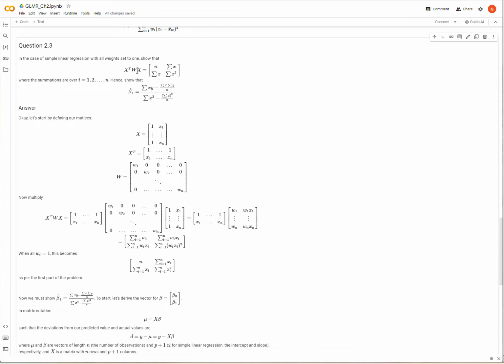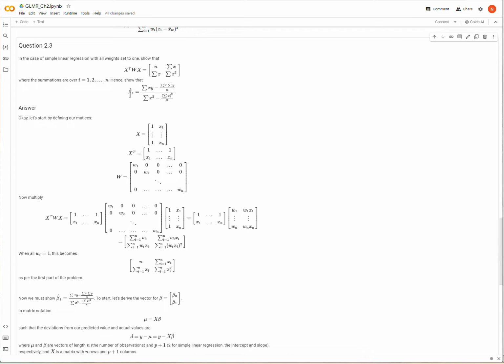The first thing that we're meant to show is that this, in simple linear regression, meaning an intercept and a slope, equals this right here. That little expression is part of our expression for the beta vector, which houses both the intercept and the slope.